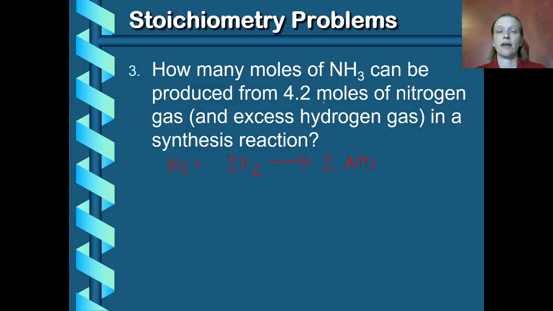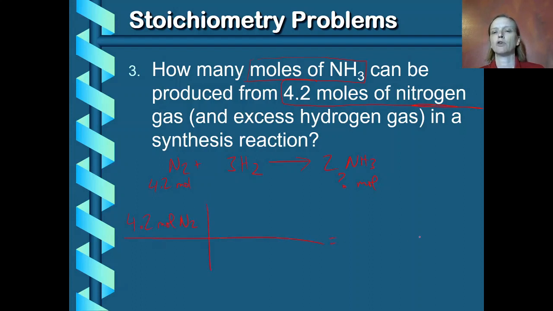Now let's identify our known and our unknown. My number value that I'm given is for nitrogen gas, 4.2 moles of the nitrogen gas. And I want to know how many moles of nitrogen trihydride. So we start with our known value, 4.2 moles of nitrogen gas.